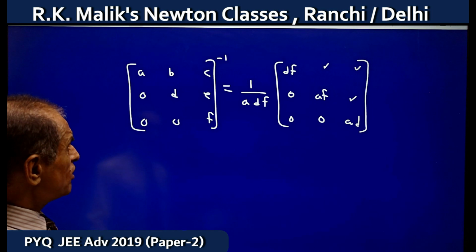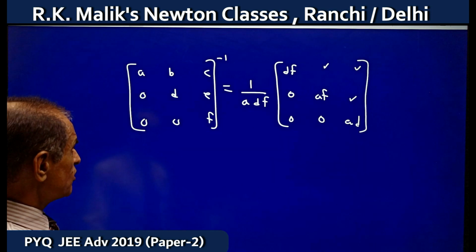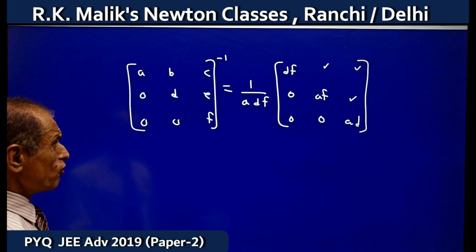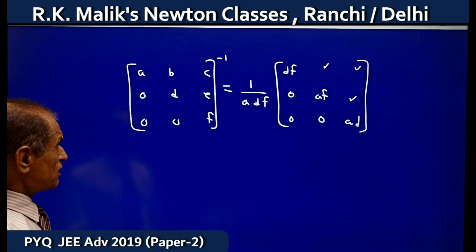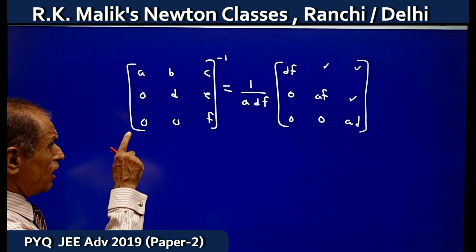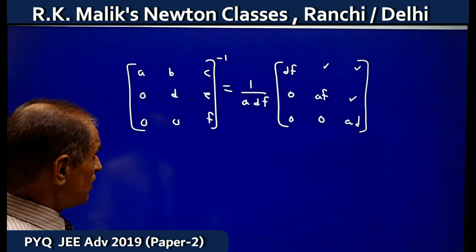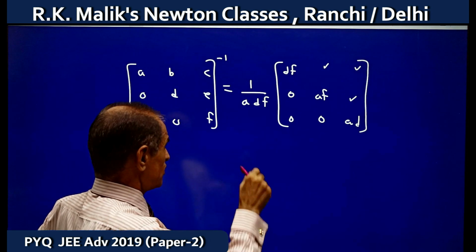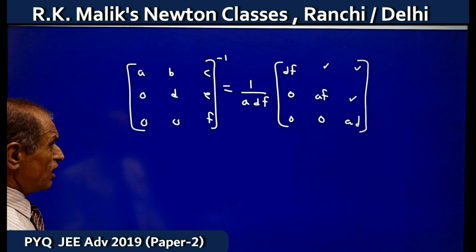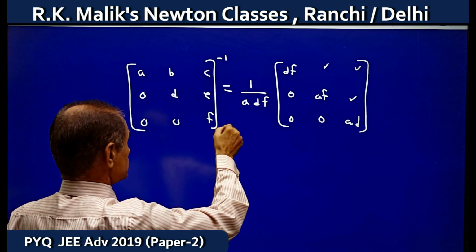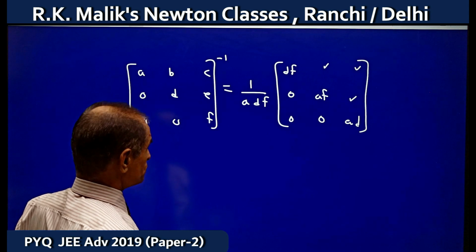And now I'm going to tell you how to find the inverse of a triangular matrix. First, I'm dealing with the inverse of upper triangular matrix. To find the elements of resultant matrix, outside write 1 upon product of all the three elements, that is ADF.